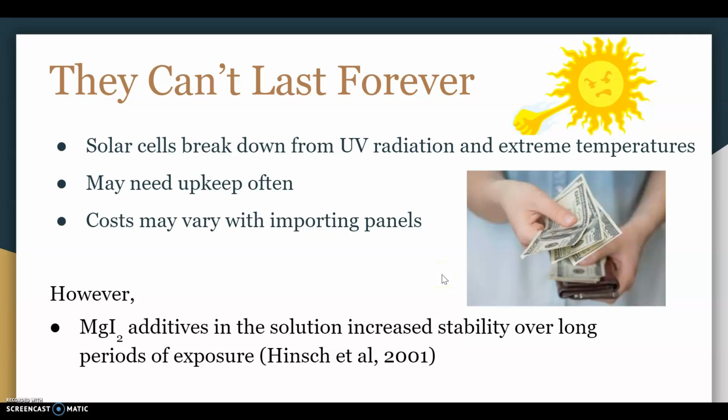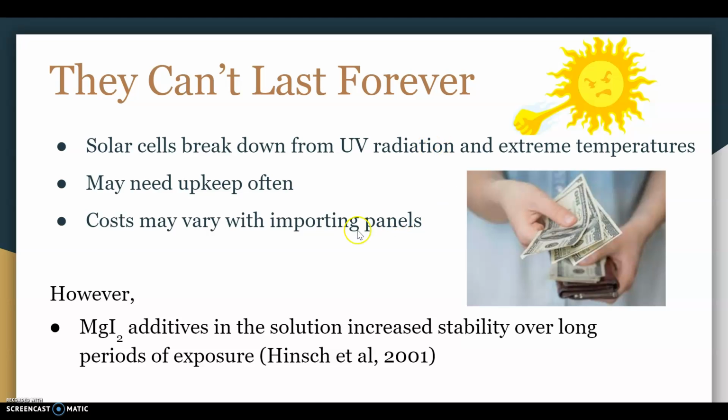Unfortunately, the solar cells cannot last forever. They are prone to breaking down and faltering because of UV radiation and extreme temperatures, which are both present in India as well as Africa. This causes them to need some upkeep, which could be more expensive.